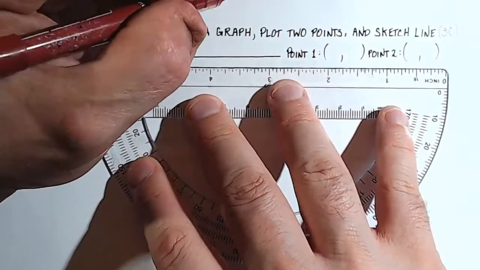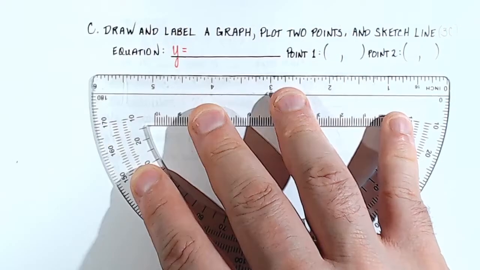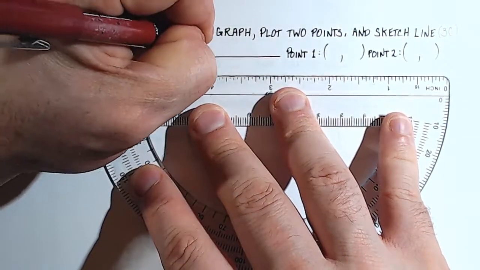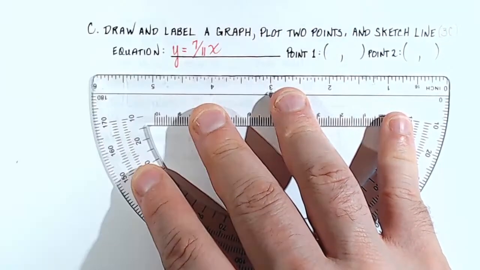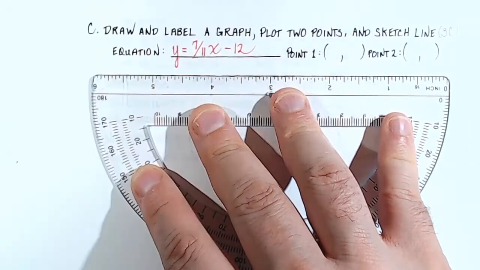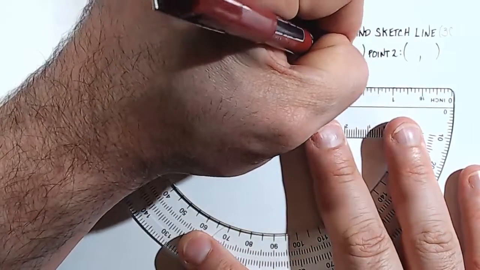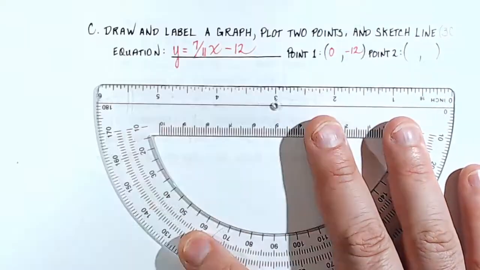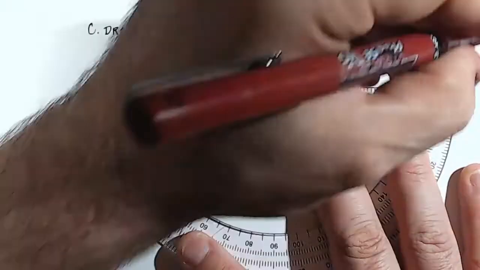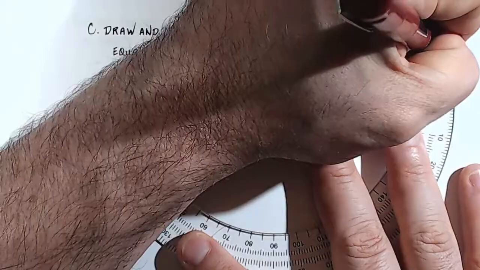That equation was y equals 7 over 11x minus 12. Okay, and we've got 2 points. We've got the y-intercept at 0, negative 12, and that second point that we found, 11, negative 5.